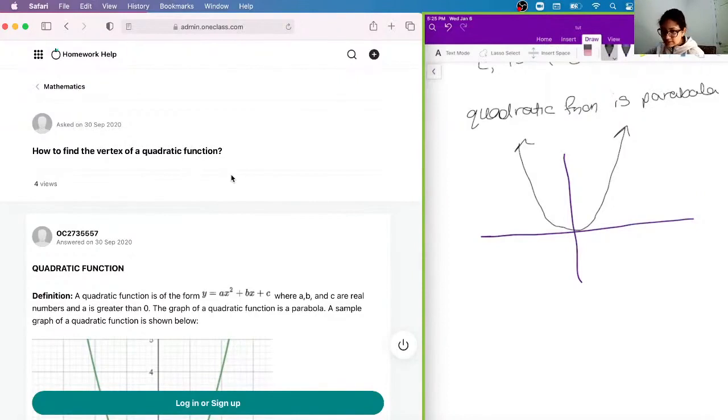You can see how this looks. This is a parabola or quadratic function, y equals ax squared plus bx plus c, where this is your x and your y.